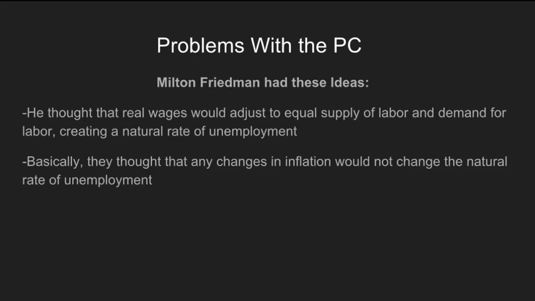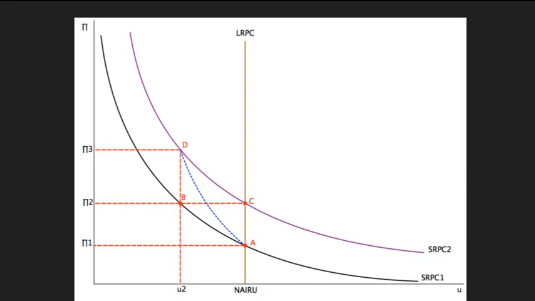So just to sum it up in an understandable way, Friedman basically thought that any changes in inflation would not change the natural rate of unemployment, so that there'd be no trade-off between increases in inflation rate and the unemployment levels in the economy. So here's a graph of that idea, which became known as the long-run Phillips curve, where there's no trade-off between increased levels of inflation and the natural rate of unemployment, which turns out to be a vertical line.